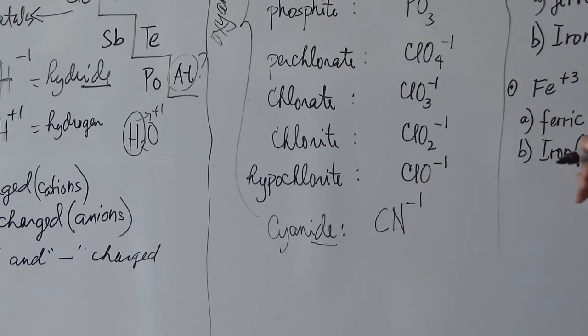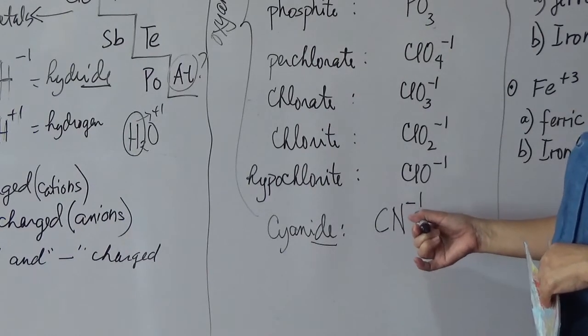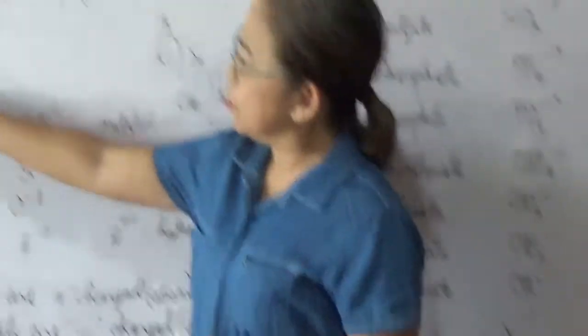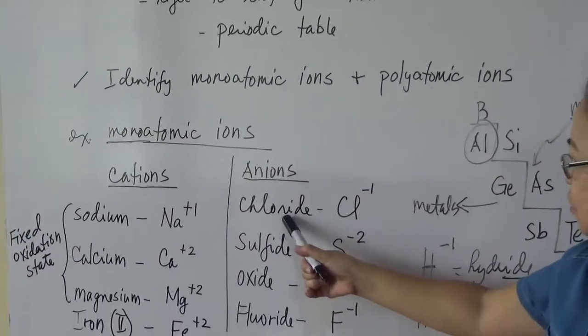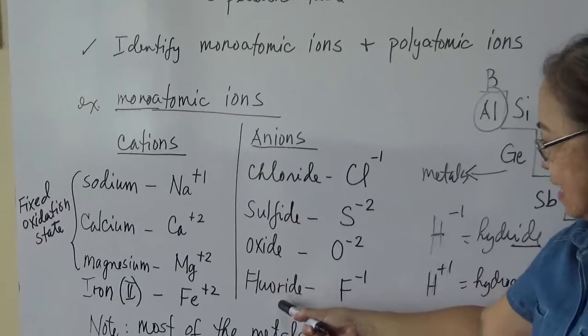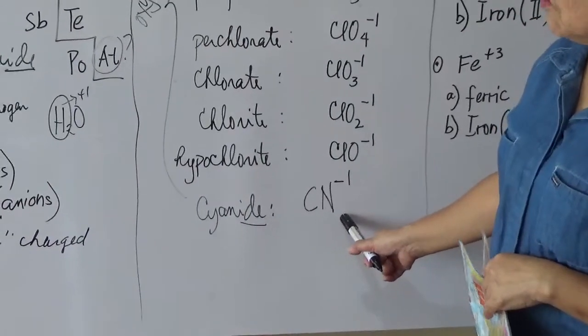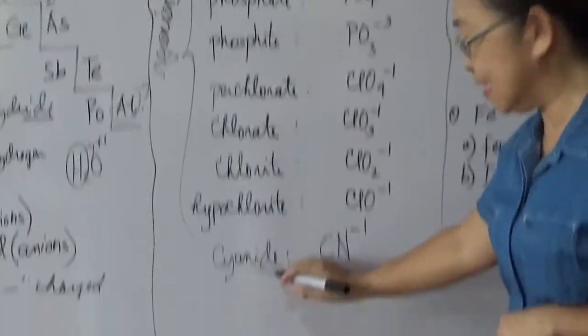Mostly, negatively charged ions that end with IDE are monoatomic ions. Monoatomic ions end with IDE. But this one, cyanide, is not a monoatomic ion, it is a polyatomic ion, but it ends with IDE.